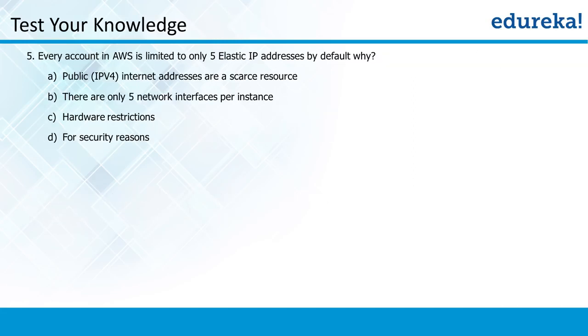All right, let's look at this question as well. Each account in AWS is limited to only 5 IP addresses. What's the reason for that? This is not that hard.